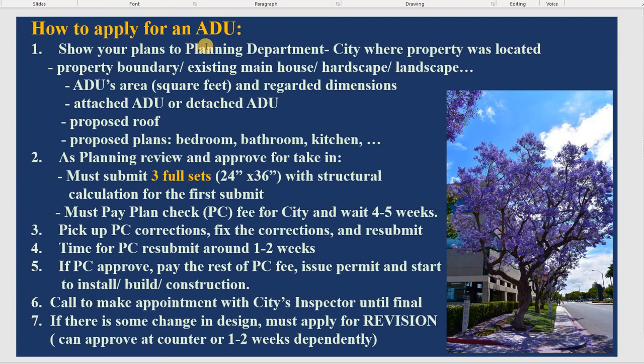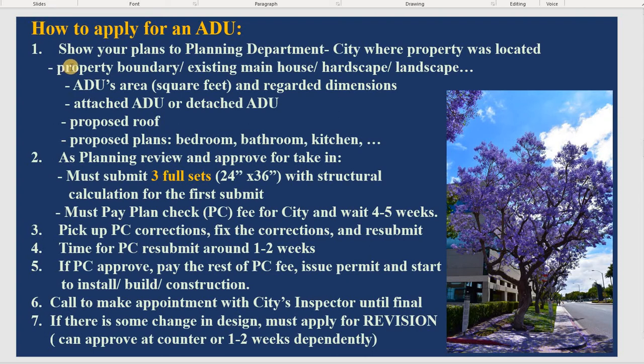So after you show the planning department, they can go over your address and dimension. They can let you know whether you can do that or not. That means they approve it for take-in or not. And if they say yes, I reviewed already and it's approved for take-in, that means right now you need to start to submit 3 full sets.